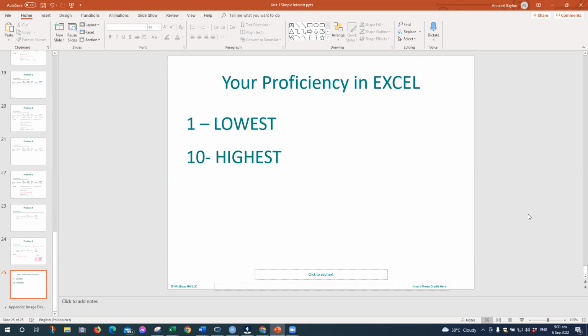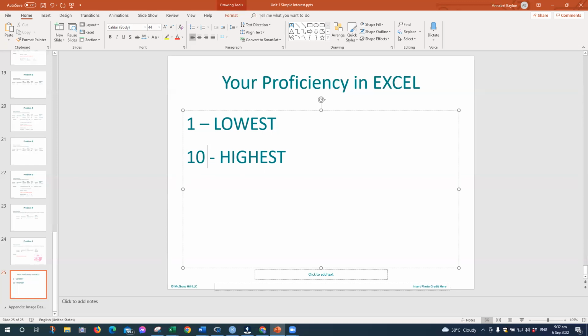Or lower, for example, you can rate yourself an 8. You know how to make use of VLOOKUP, LOOKUP, XLOOKUP. And 1, you have never used Excel, or maybe a bit higher than that. You know how to open it, you know the basic functionalities, but you're not really comfortable using it because you don't use it frequently.